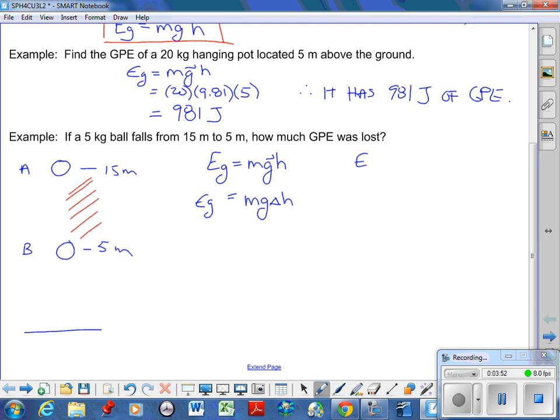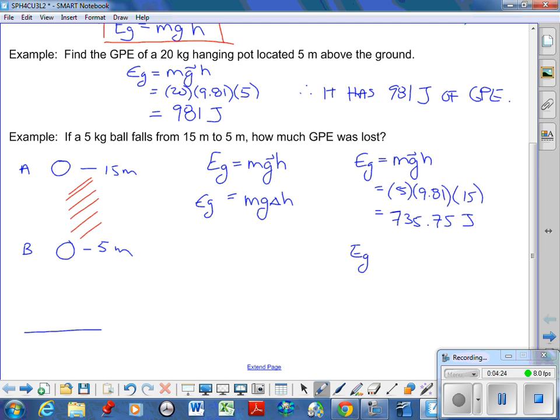So if we do Eg for 15 meters, mgh, then we would get 5 kilogram ball, 9.81 times 15 meters. So we'd punch that through the calculator. 5 times 9.81 times 15. So this is how much energy it had originally. 735.75 joules.